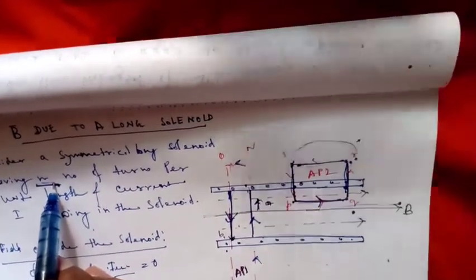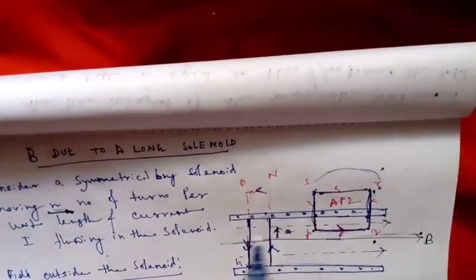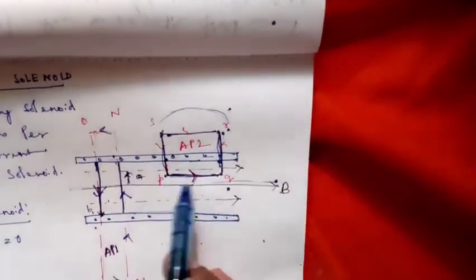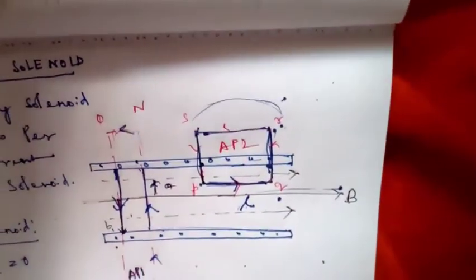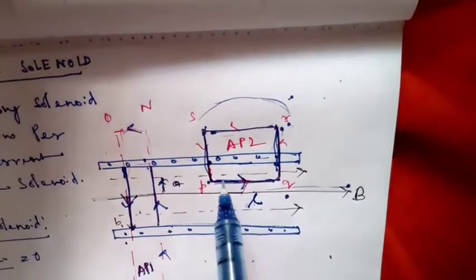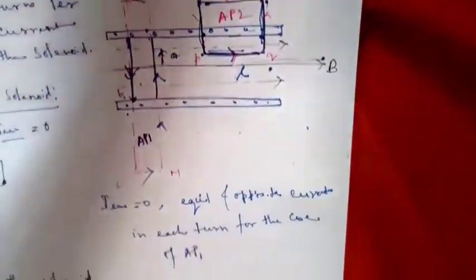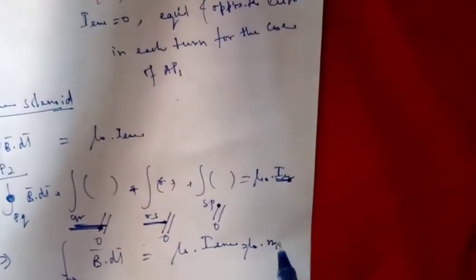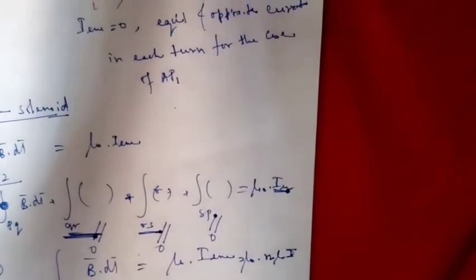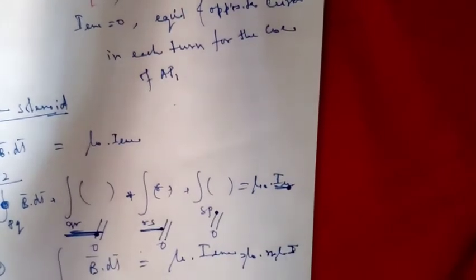If we choose the length of PQ as small l, then the current enclosed by this length gives I enclosed equals mu 0 times small n, l and I, where n is the number of turns per unit length.